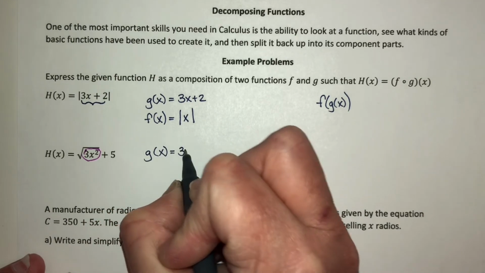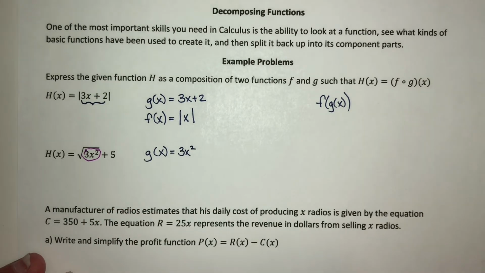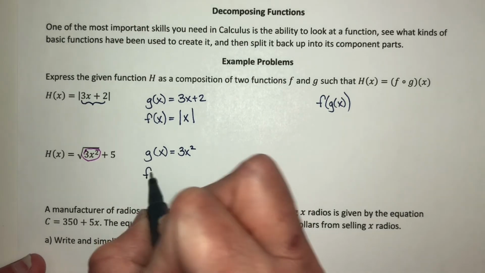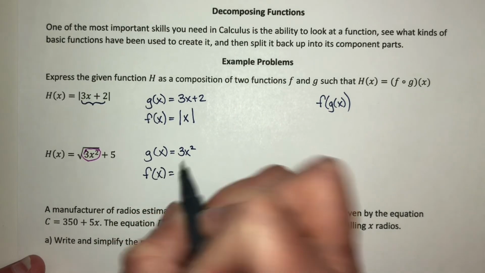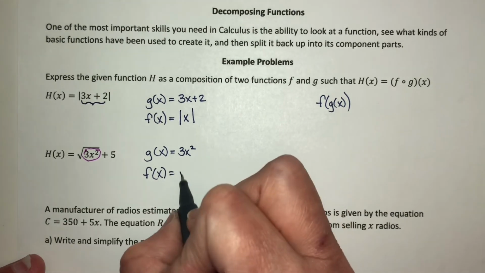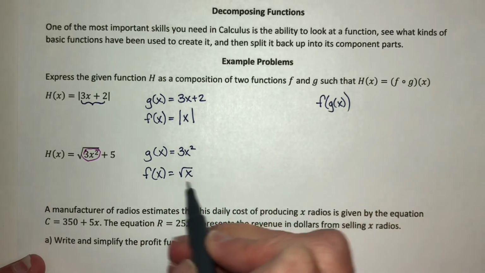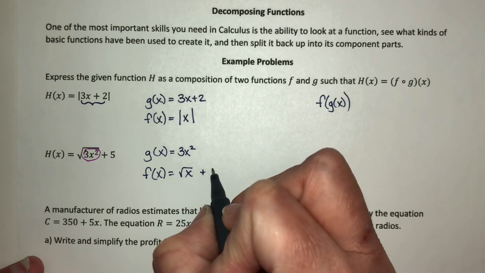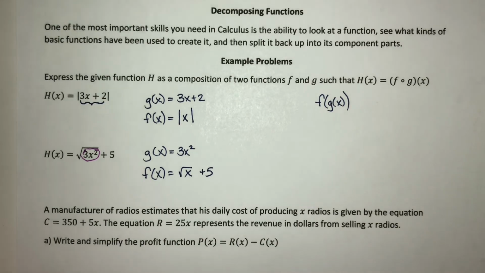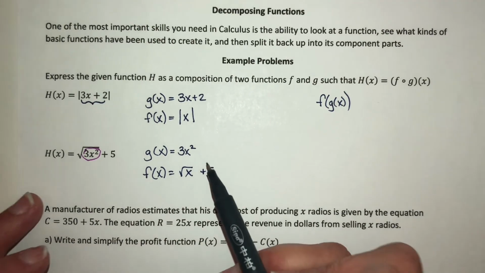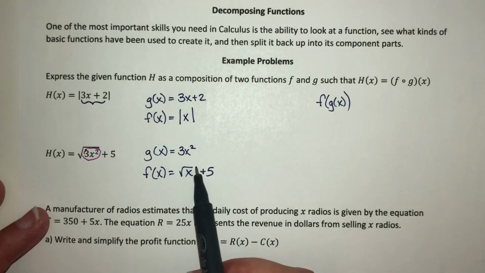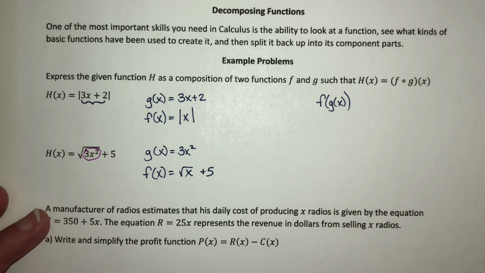So that's 3x squared. And then what do we plug that into? F of x, which would be the square root of x, because that got plugged in here. And don't forget the plus 5. And also, when you're typing these in, make sure that this plus 5 is out from underneath the radical bar. It's definitely going to count it wrong if it's not.